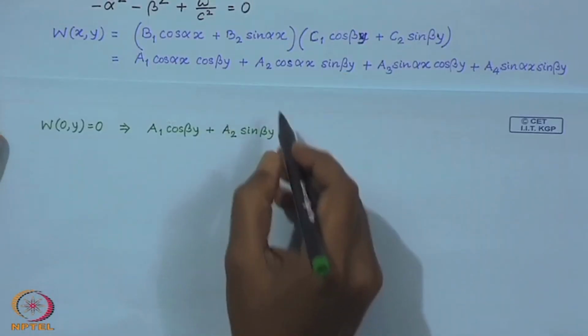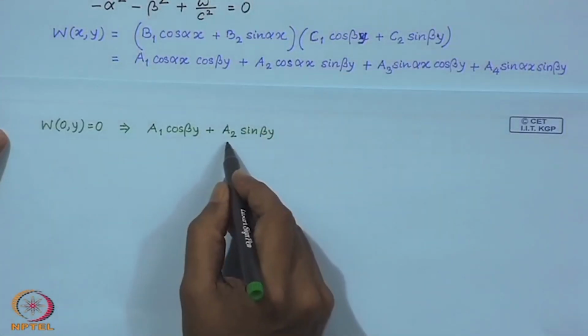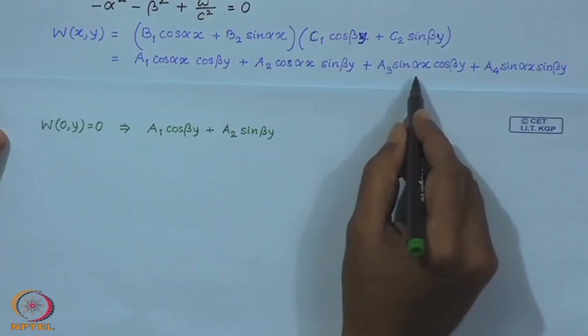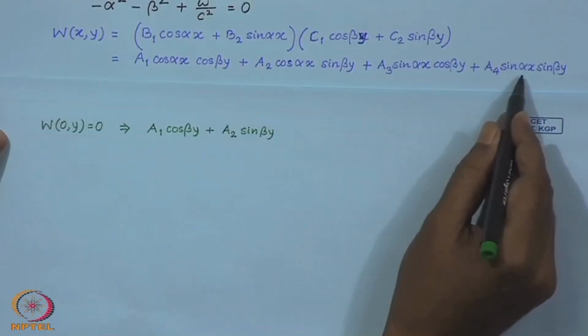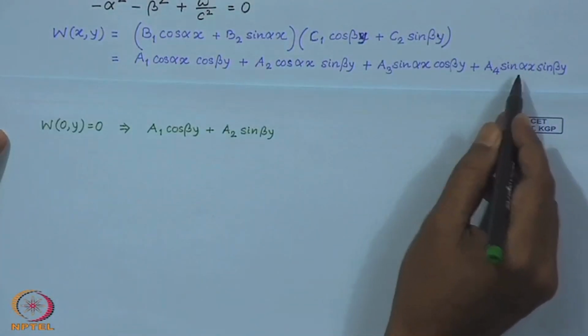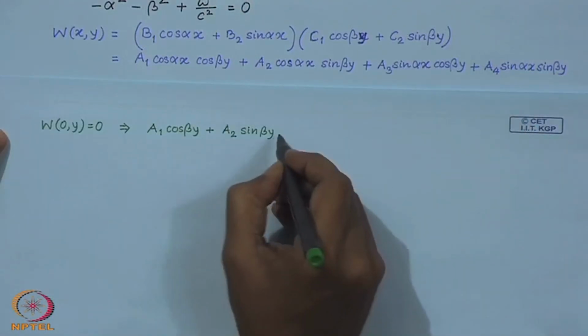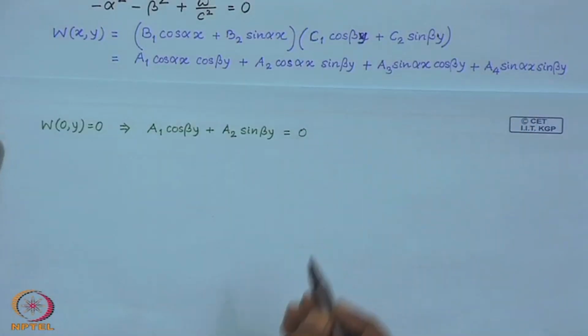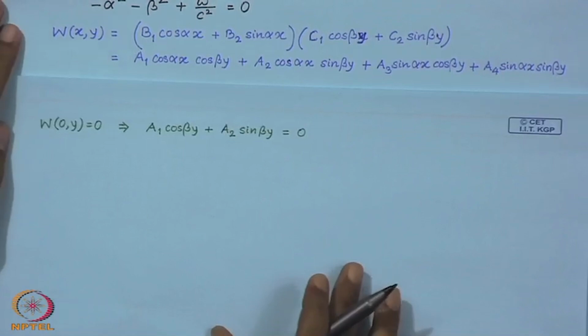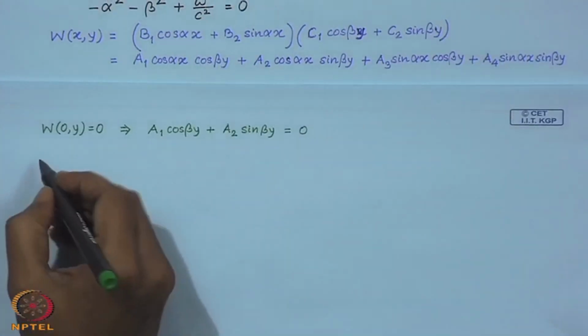So, this follows from this term, and here it is sin alpha x, again sin alpha x here. So, at x equal to 0 these two terms vanish. So, we are left with this.